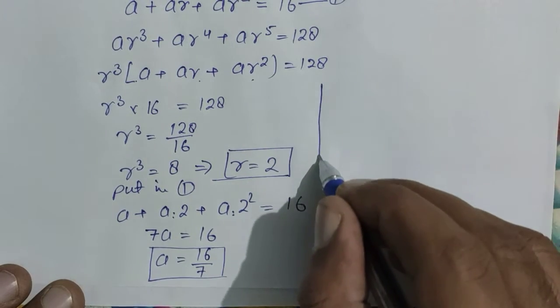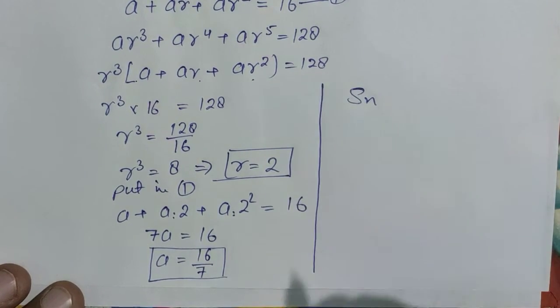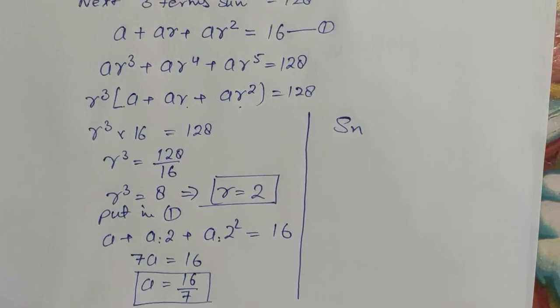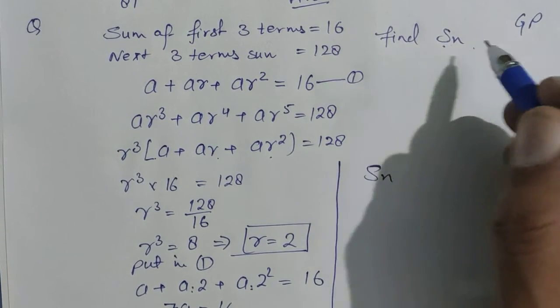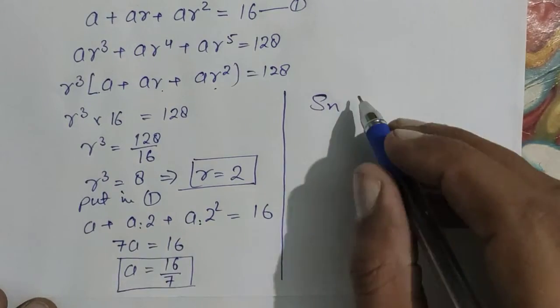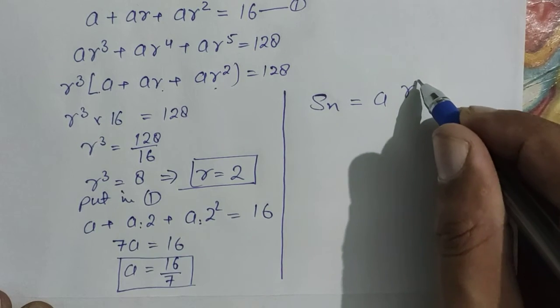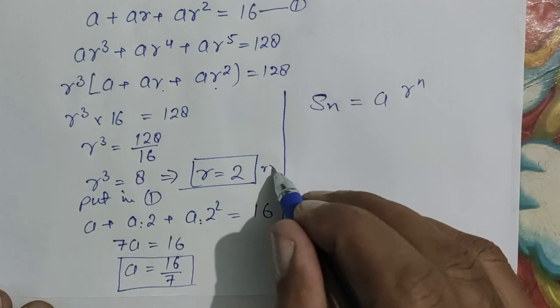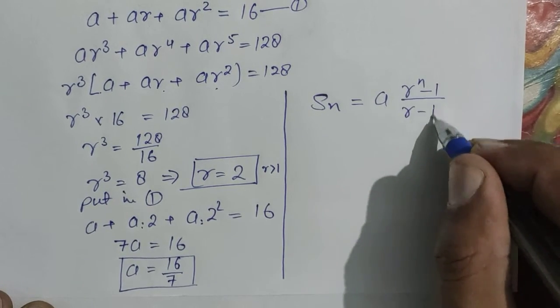Now we need to calculate Sn. They might ask us to calculate the sum of first 10 terms, 20 terms also. Whatever they are asking, we need to calculate that. So it will be a, r to the power n minus 1 upon r minus 1, as r is greater than 1.